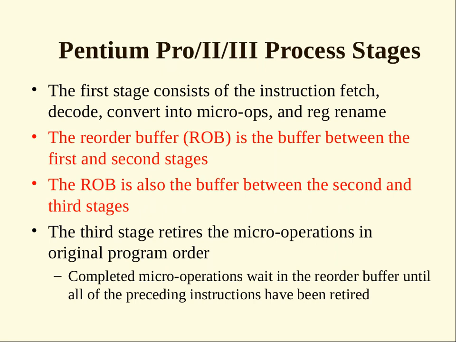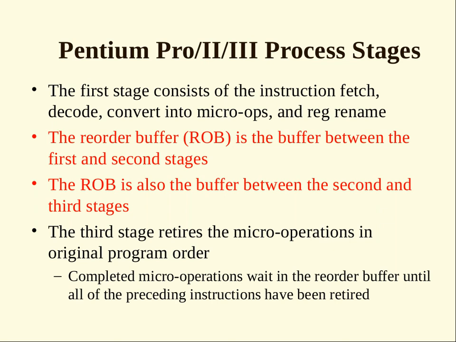So what's going on in the Pentium Pro with the process? The first stage consists of fetch, decode, and convert into micro ops, and then we have register renaming with the Tomasulo method. What has been added is a reorder buffer. It's the buffer between the first and second stages, and also between the second and third stages, to help ensure that instructions are committed at the right time.